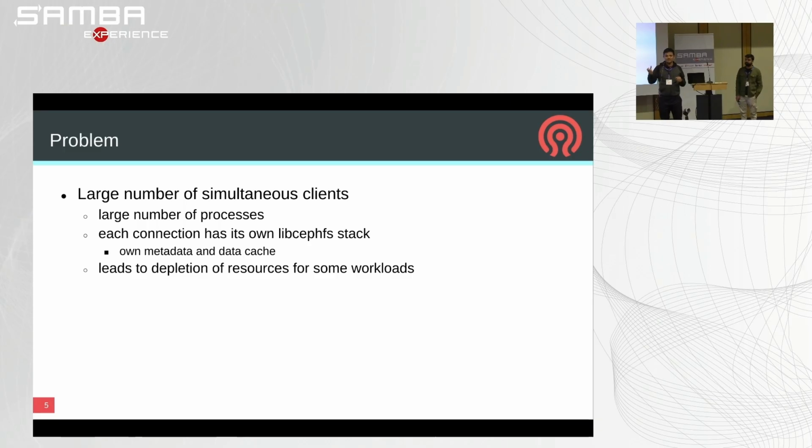Each connection then has its own metadata and data cache. These are essentially unconnected to each other, so we can end up caching the same stuff over and over again. Under some workloads, we can end up depleting the server resources, causing performance degradation or even crashes.